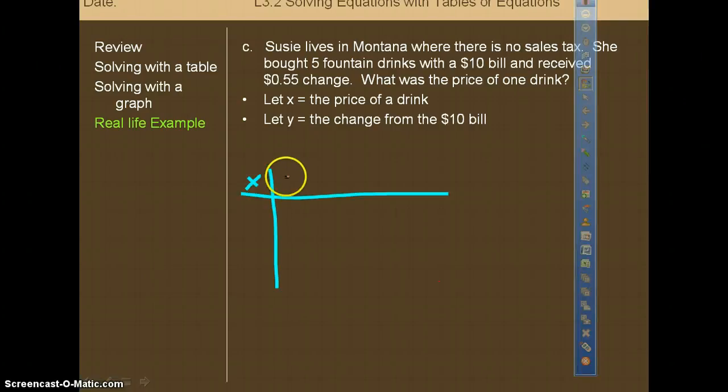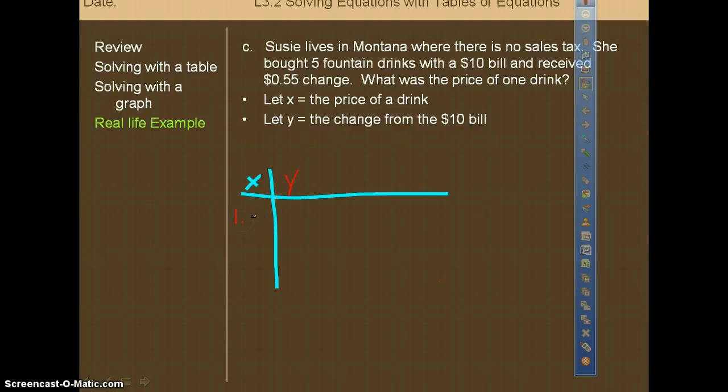We'll also be tracking our Y, which is the change from the $10 bill after purchasing the 5 drinks. I think it's safe to say that we do not need to test a $2 drink, because if drinks were $2, there would be no change left from a $10 bill. So let's start out with a price of slightly less than $2.